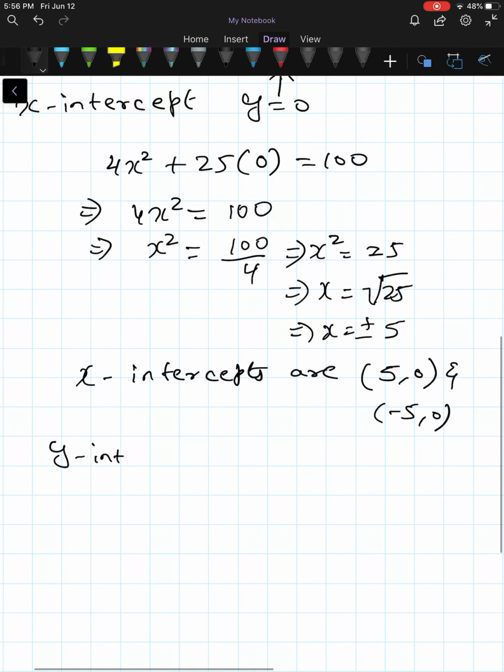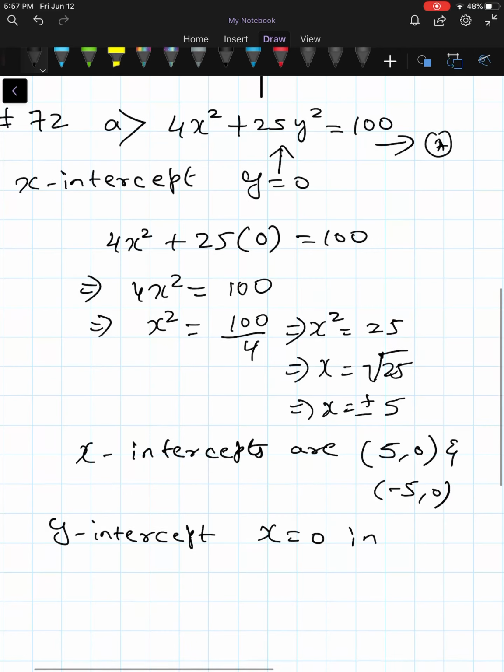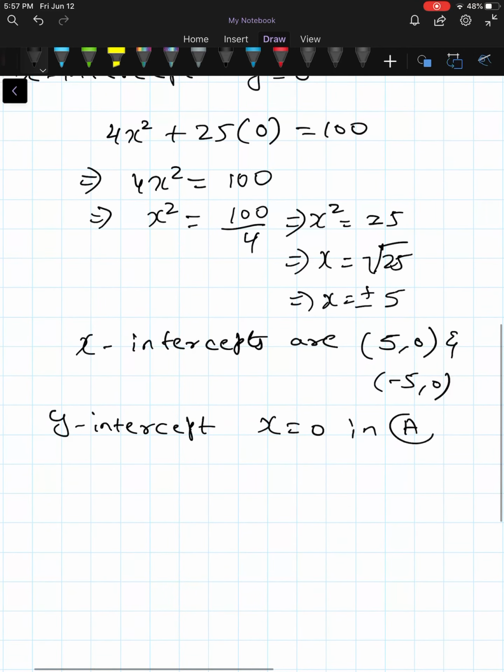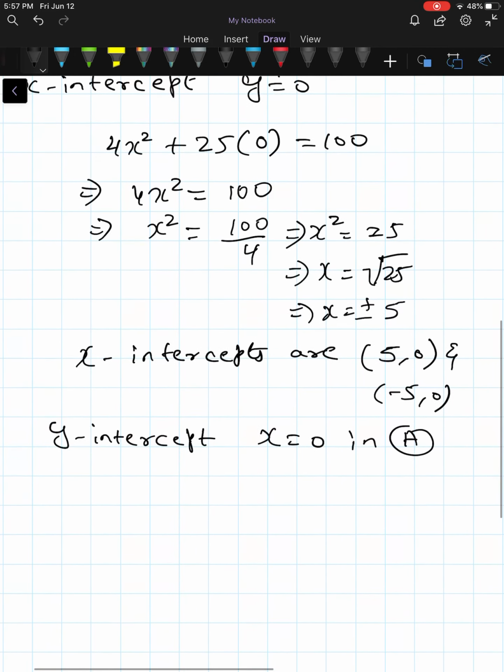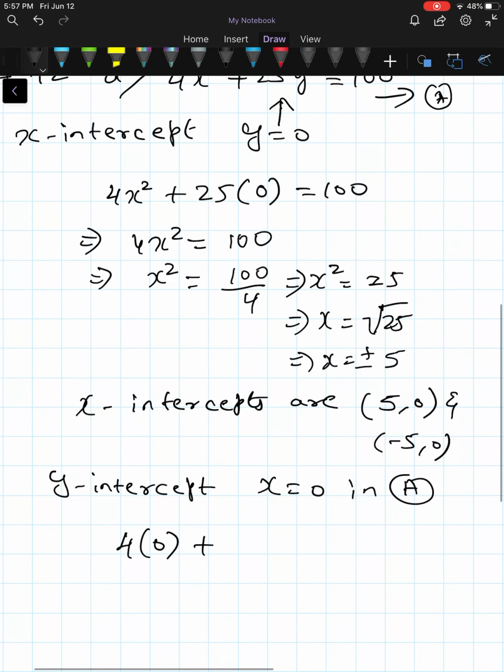To find the y-intercept, we will substitute x is equal to 0 in the given equation. I shall name this equation A. So in A, what do we get? 4 times 0 plus 25 y square equals 100.